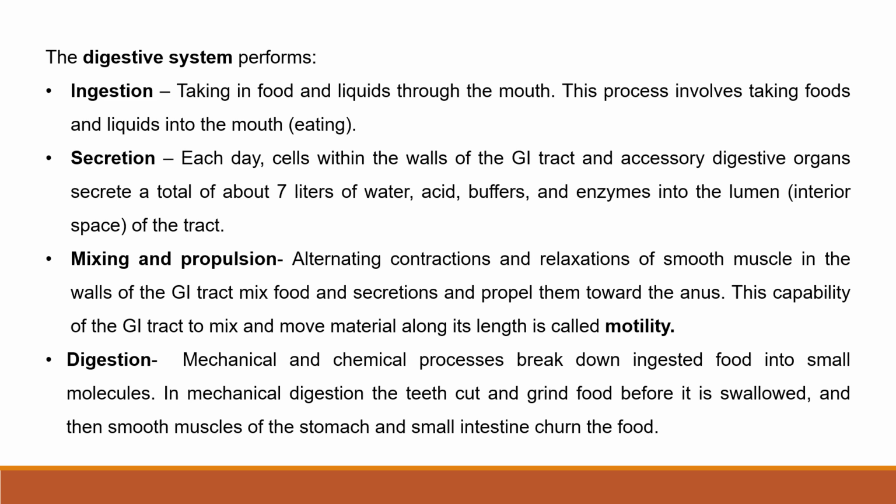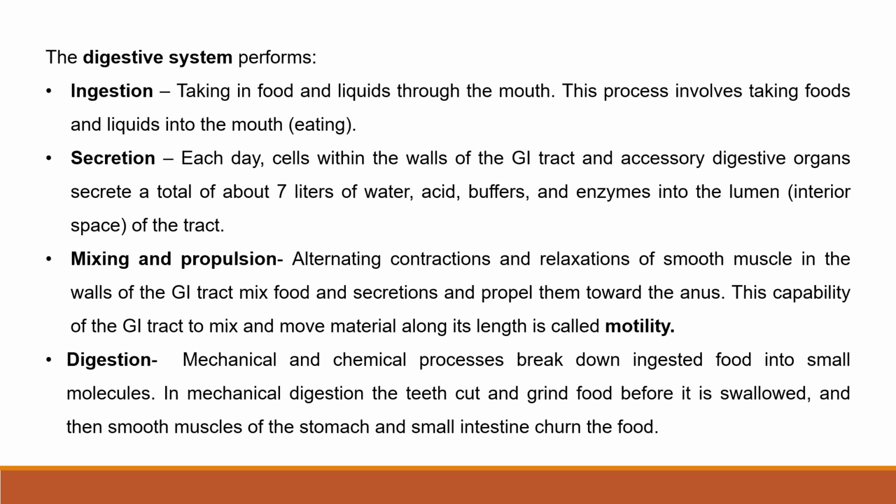Digestive glands then secrete enzymes and acids along with fluids to aid in the processing of food. Through mixing and propulsion, the food is churned and moved along the gastrointestinal tract. Digestion breaks down the complex food into simpler molecules, which are then absorbed into the bloodstream, and finally the system eliminates the undigested waste from the body.